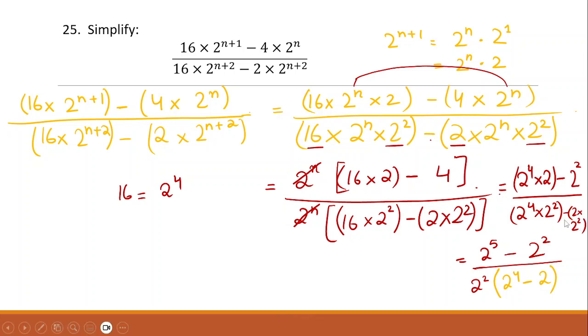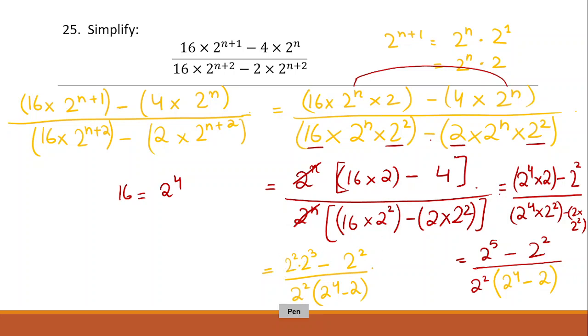In the numerator, we also have this thing, 2 to the power 5 negative 2 to the power 2, divided by 2 to the power 2 times (2 to the power 4 negative 2). I can split 2 to the power 5 into 2 to the power 2 multiplied by 2 to the power 3. They both are the same thing. In this term and in this term, 2 to the power 2 is common.